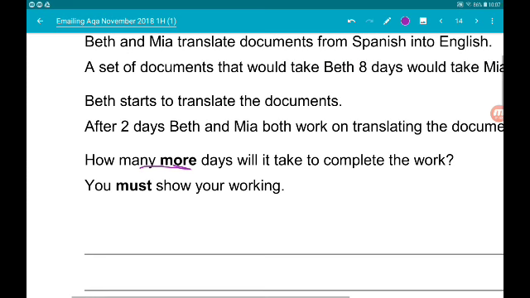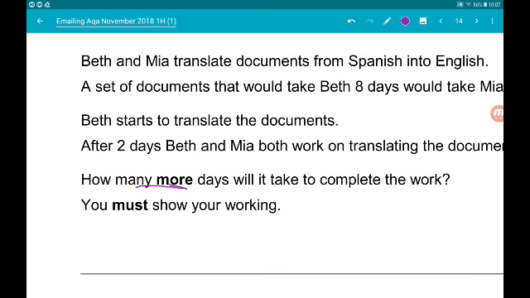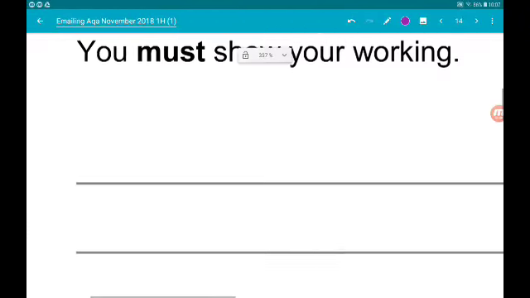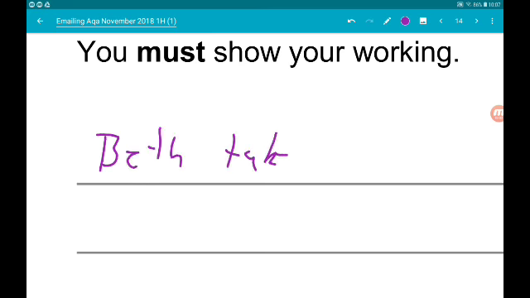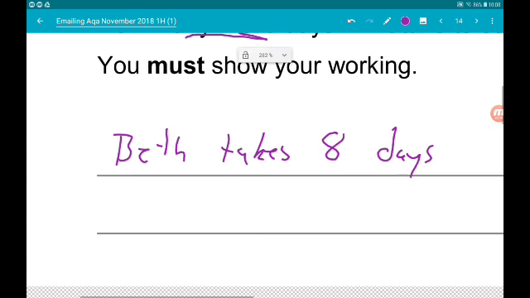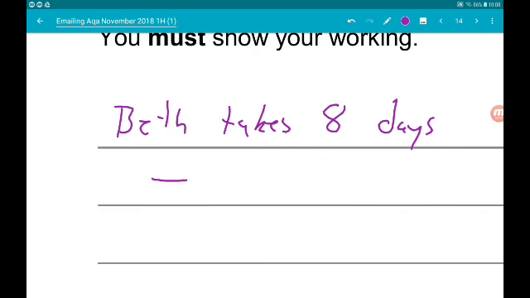So Beth would take 8 days. So Beth takes 8 days. Now, assuming that they work at the same rate every day, this means then that Beth does 1/8 every day.